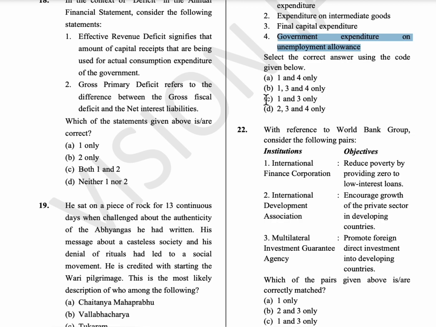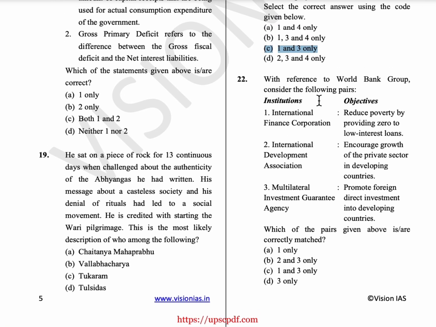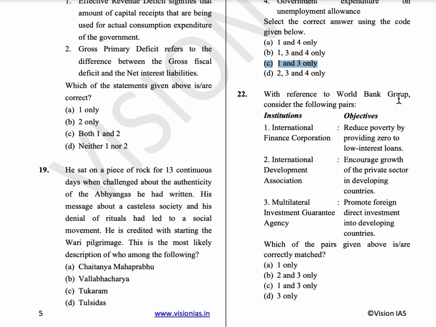So option C. 22nd question, with reference to the World Bank Group, consider the following pairs. International Finance Corporation. The main objective of this International Finance Corporation is to encourage the private sector in the developing countries. So first pair is wrong. Coming to the second pair, International Development Association.